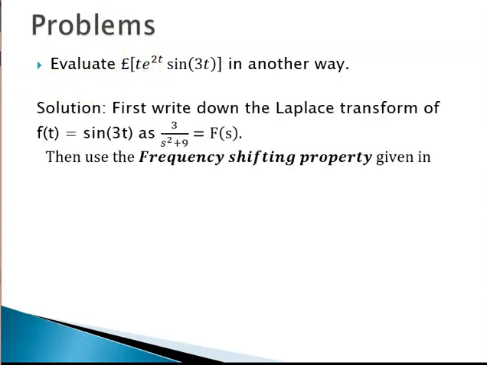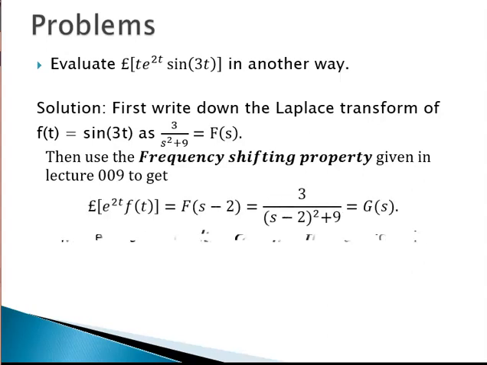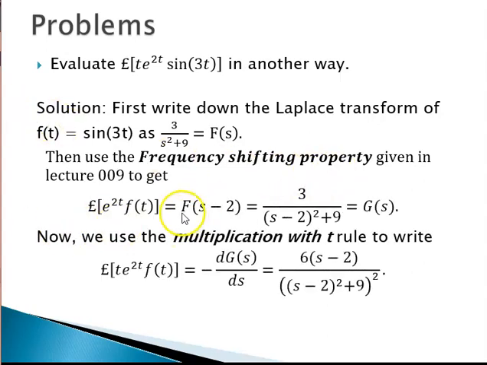So again, we start with sine 3t. It's a good idea to start with a known function whose Laplace transform is known, and then use the rules that give us the Laplace transform conveniently. So we use the frequency shifting property to write F of s minus 2, substituting s minus 2 in place of s here, so we get this.